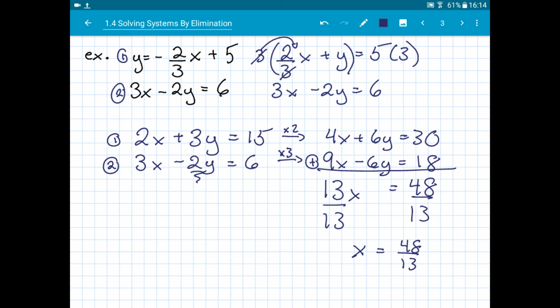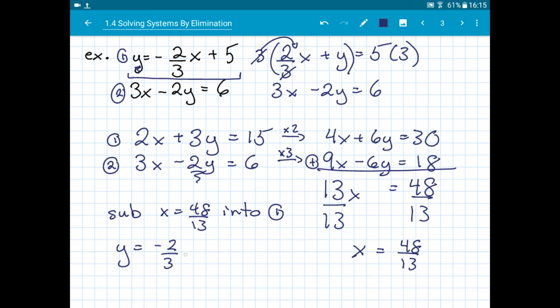Now we can go ahead and sub that back into one of the equations. Now the nice thing about this first equation being so messy at the start is that it's already solved for y. So let's use equation 1. So we're going to sub x equals 48 over 13 into equation 1. So equation 1 will give us y is equal to negative 2 over 3 times 48 over 13 plus 5.